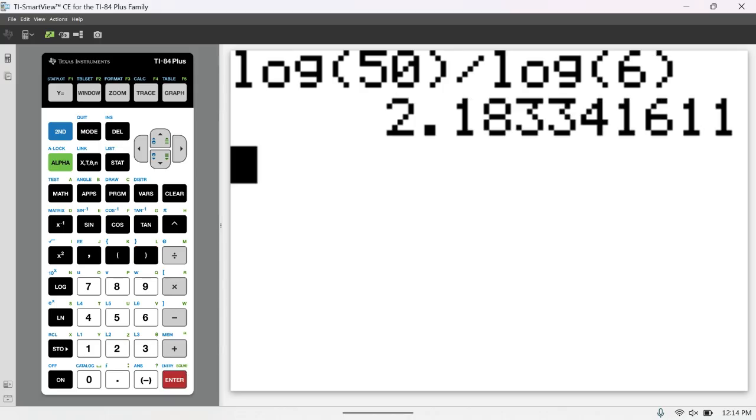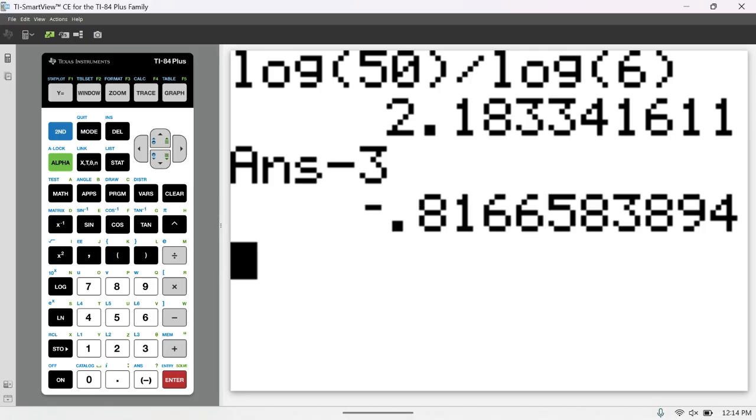Then all I'm going to do is just flat out hit minus 3. Because your calculator saves that previous answer. All right? So I want to be as exact as possible. So my calculator saved that previous answer, so it's subtracting 3 from that answer. So my actual answer is negative 0.82 if I round to the nearest hundredth.